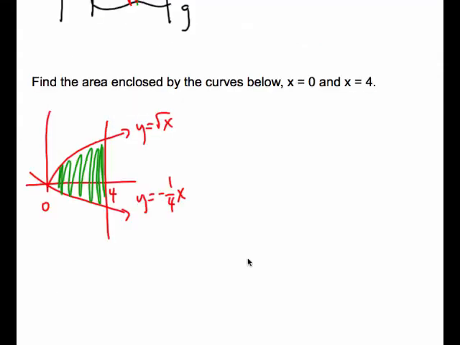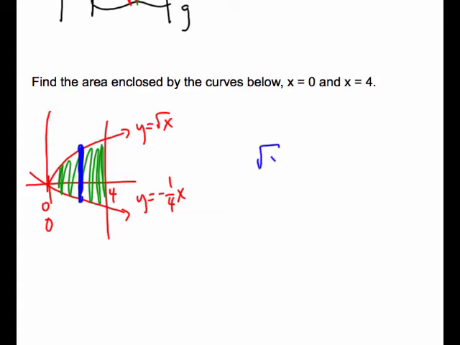So just to extend that to a simple example, if I had these two functions and I wanted the area between them, between x equals 0 and x equals 4, if I run my rectangles vertically, the square root function is always on top, the line is always on the bottom, so I'm always taking the higher minus the lower, so my rectangle lengths will be positive. Remember, if I'm doing area, I want it to come out positive, so my heights need to be positive.